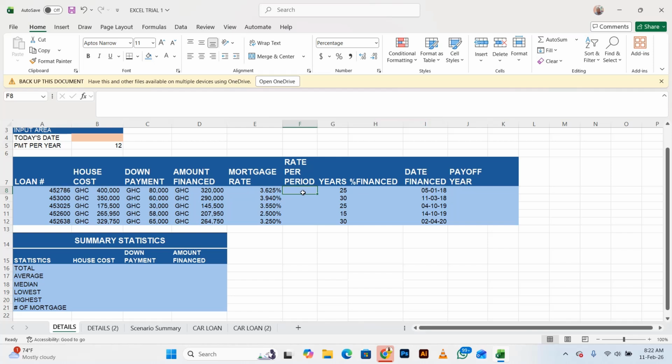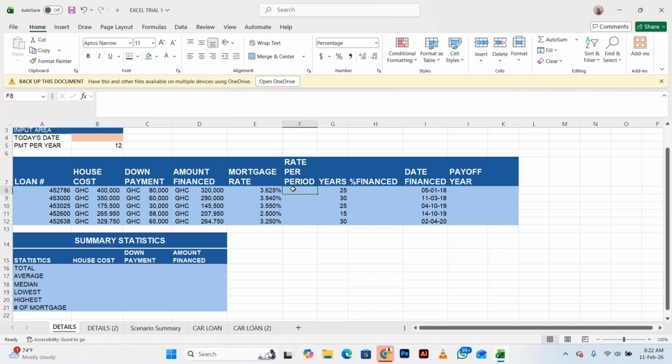In this question or workbook, we are paying on a requirement of 12 times. So the number of times that we are paying is 12 per year. If they had told us that we are paying 10 times, it will be 10 here, and then we'll be dividing this rate by 10.